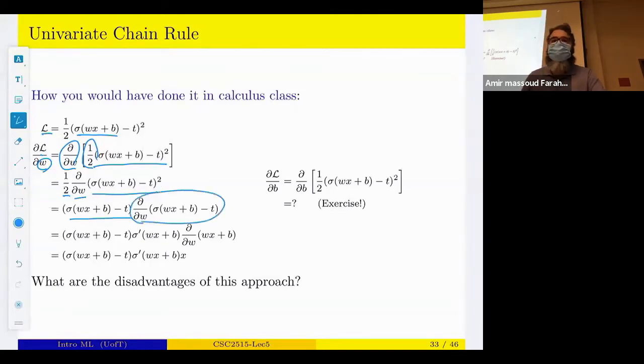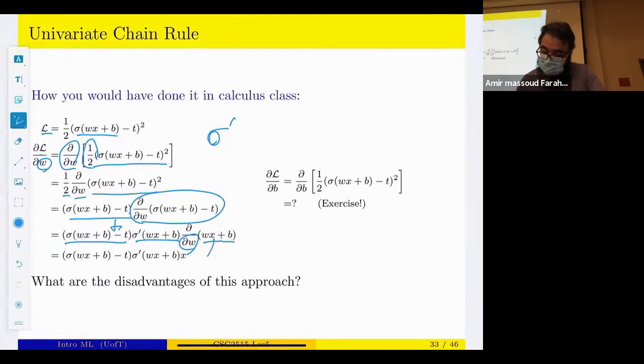And then let's denote sigma prime as the gradient of the sigmoid function. So we will have the same function as before, the gradient of this activation function, times the gradient of Wx plus B with respect to W. What is that?